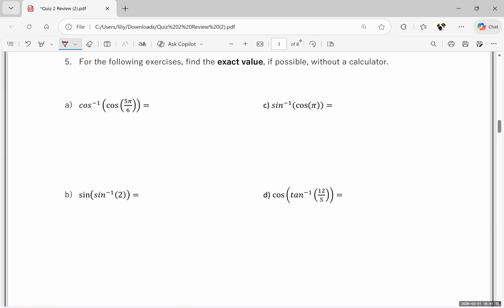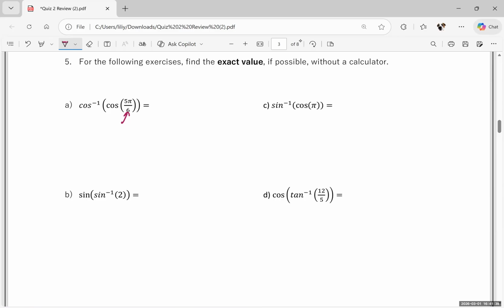So on the first one, inverse cosine of cosine of 5 pi over 6. When you have the function and its inverse, which is what it is here, so inverse cosine of cosine, you need to make sure that you are checking the insides. So this angle right here, if that angle is in our allowed interval, then the answer is just that angle.